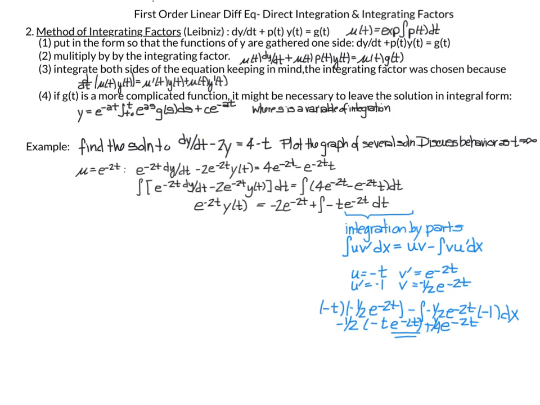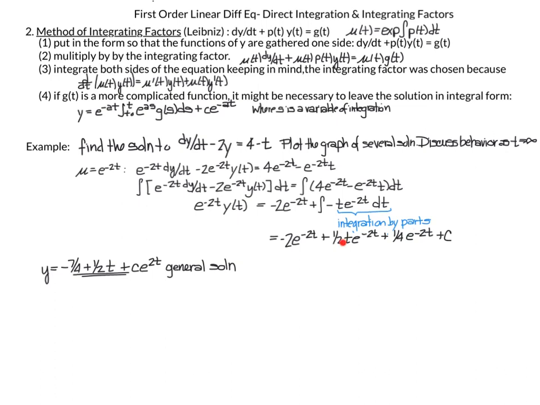When I integrate this part, I get 1/4 e to the minus 2t. So here I've done my integration by parts, and I have minus 1/2 t e to the minus 2t plus 1/4 e to the minus 2t plus c.